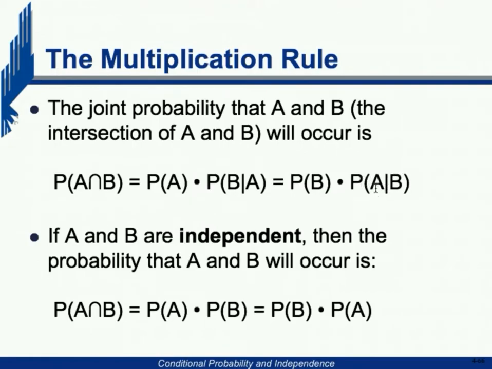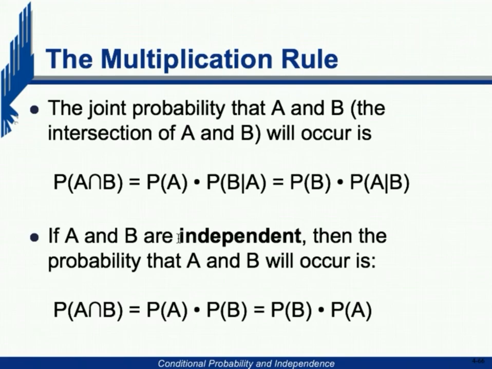So in other words, if events A and B are independent, then we can simplify these two equations. This will be equal to P of B, making the formula just P of A times P of B. Or in this formula, P of A given B will be equal to P of A. Therefore, the simpler formula is just P of A times P of B. So this simplified formula allows us to compute for the intersection of events A and B only if A and B are known to be independent events.